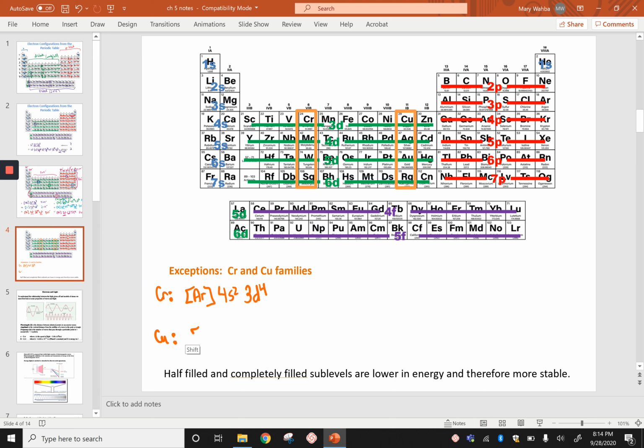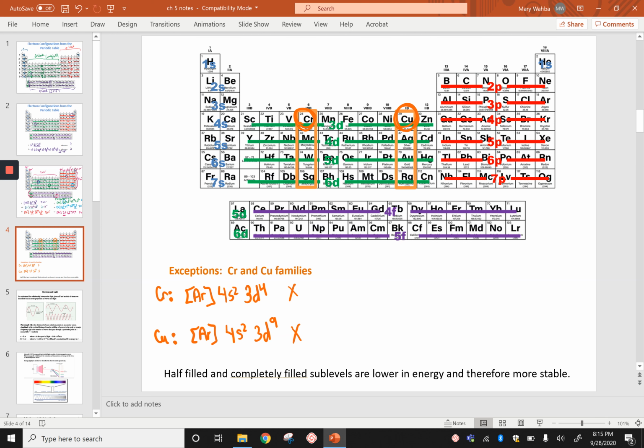Copper would be argon, so here's chromium, here's copper. 4s2, then 3d, how many? Count them. 9, right?